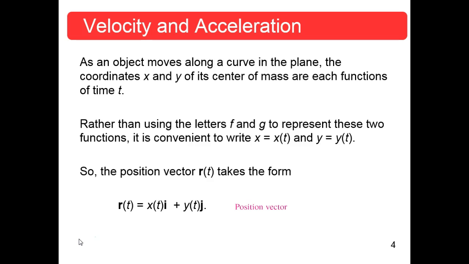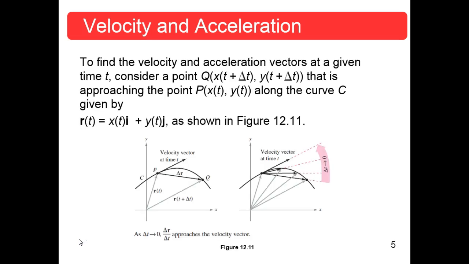We did call it a position vector at the time, but that's exactly what this is. This is a scalar function of time, and that's a scalar function of time. So the x and the y functions are acting independently of each other, and that gives you the position vector. This is in a plane because there's only two components of it.